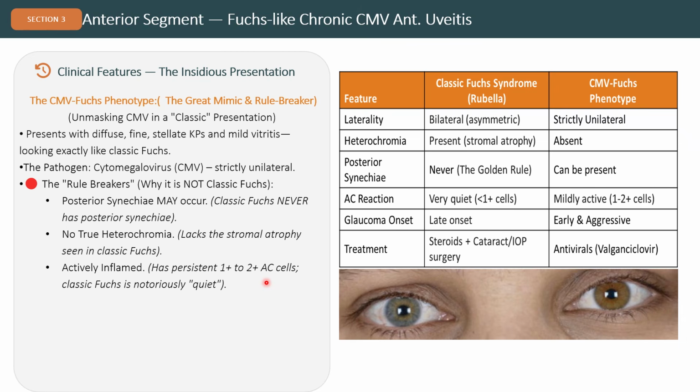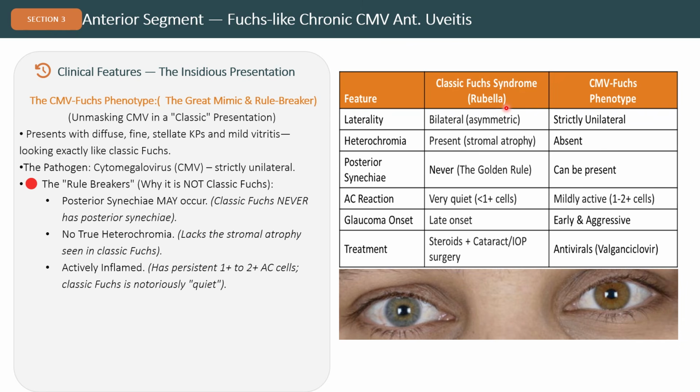A patient proven to be due to cytomegalovirus, it is mandatory to give antiviral treatment, and you have to be very cautious with the use of steroids, because steroids will increase the proliferation of the virus. However, if it is the classical type, the first drug of choice is steroids.